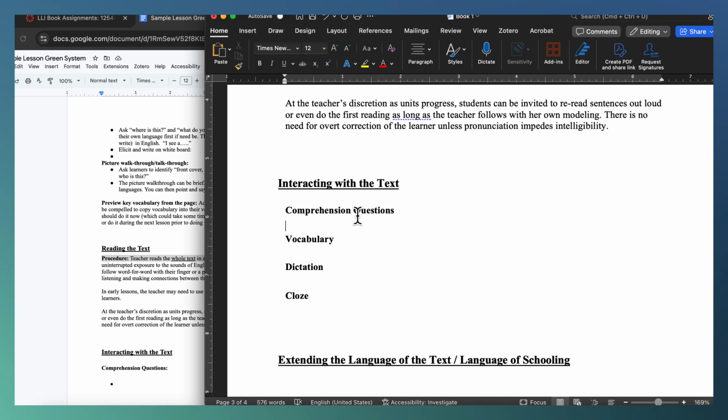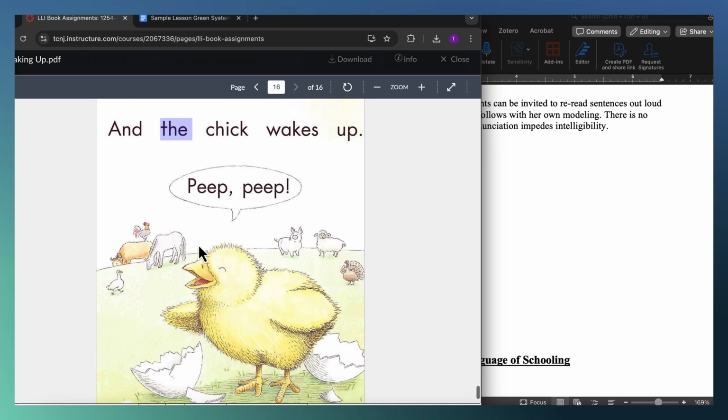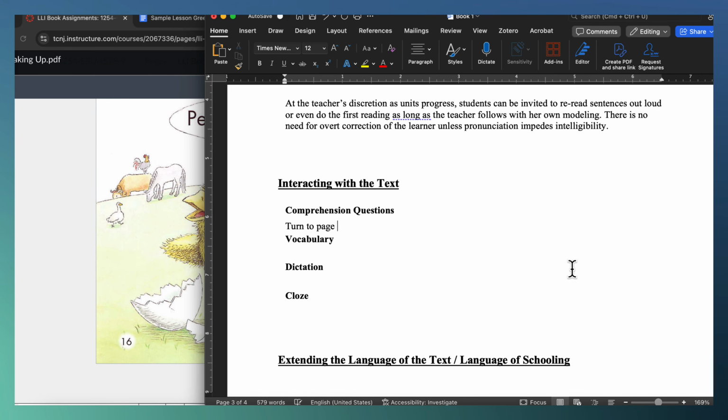Comprehension questions. This is where I turn to page 16 and ask students to point to the animals when I ask, where is the?